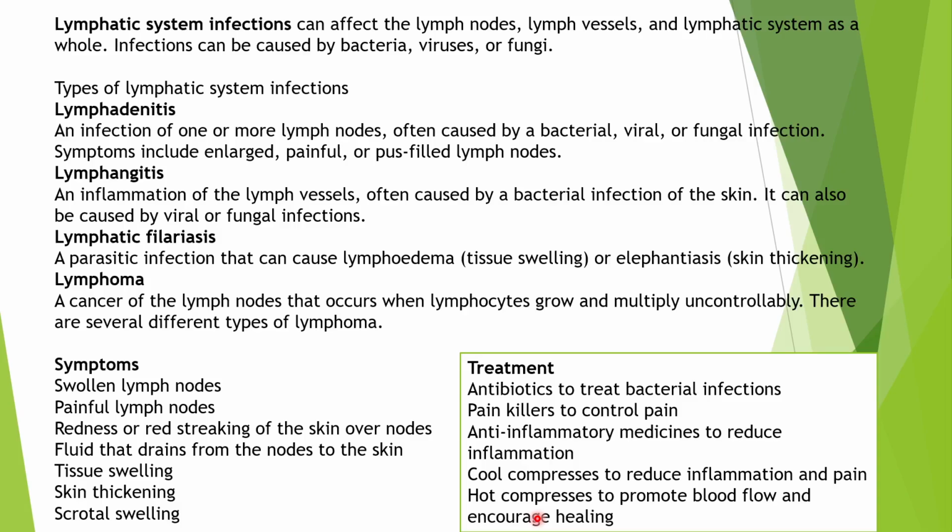At that time your tissues will lack oxygen supply and other cells and proteins of your blood. Then your tissues will get damaged. That is also a very common thing in the chronic condition. So the home remedy for this is hot and cold compresses. So this is about the lymphatic system and lymphatic system infections.